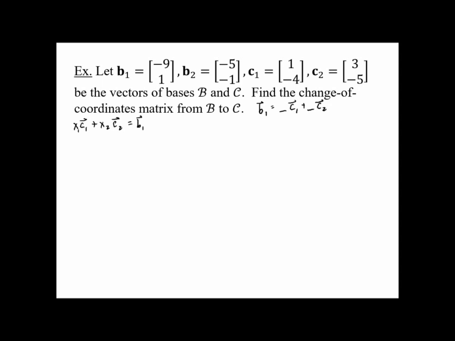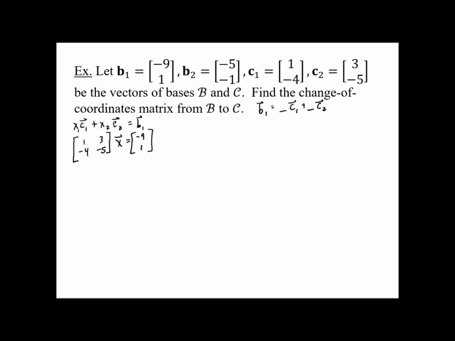Please notice that that is the same as taking the matrix with the C's, so that'd be 1, -4, 3, -5, times x equals B1, which is -9, 1. So what I need to do now is basically solve this equation.